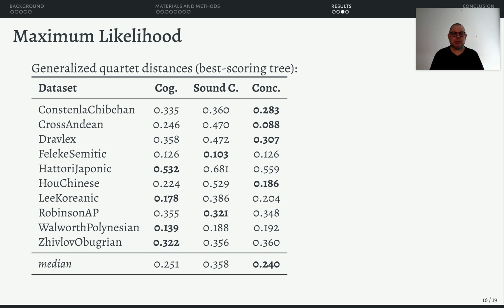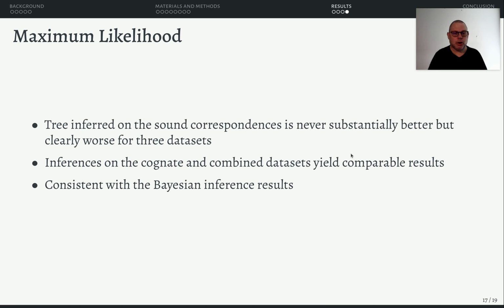If we look at maximum likelihood, the results are qualitatively similar. So the best results are either cognacy data or combined data, and here we have 2 data sets where sound correspondences provide the best results, but then the delta to the 2 other methods is very small.